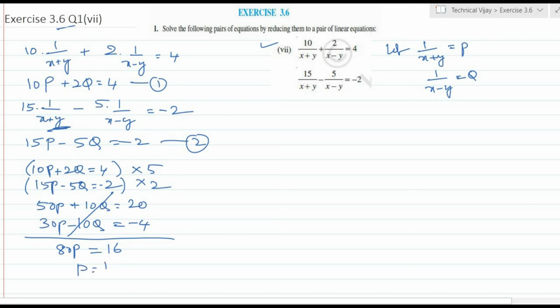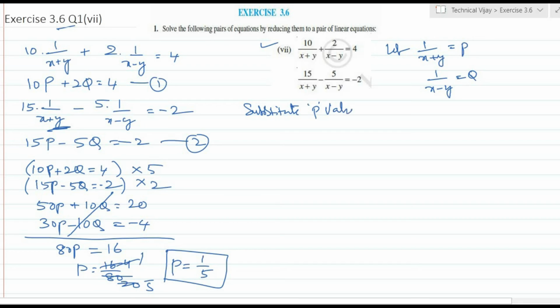Okay, p is equal to 16 by 80. So 4 fours are 16, 4 fives are 20, so p is equal to 1 divided by 5. Now substitute the p value in equation 1.